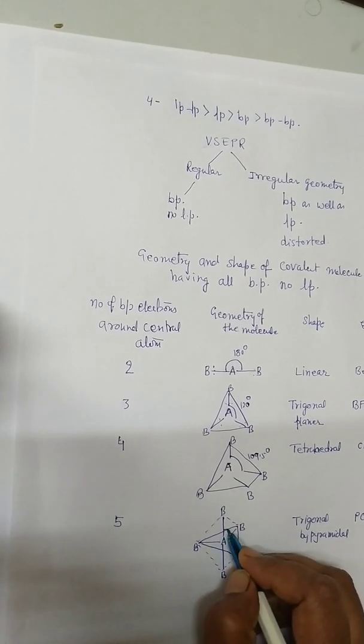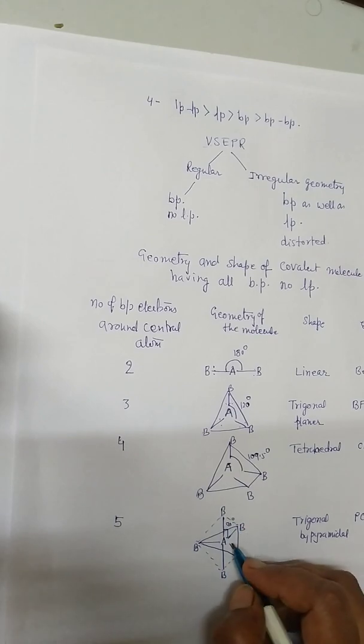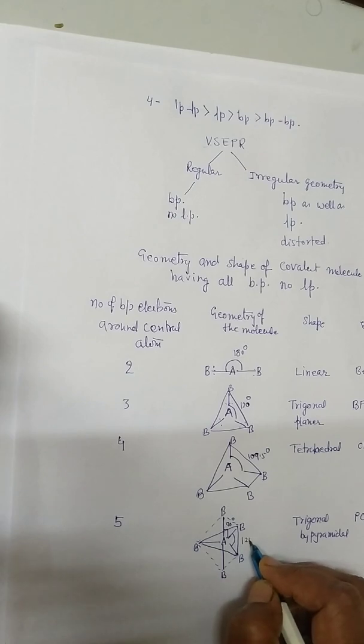The apex angle is 90 degrees and the triangular planar angle is 120 degrees.